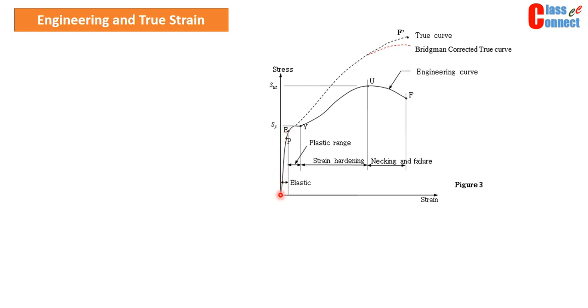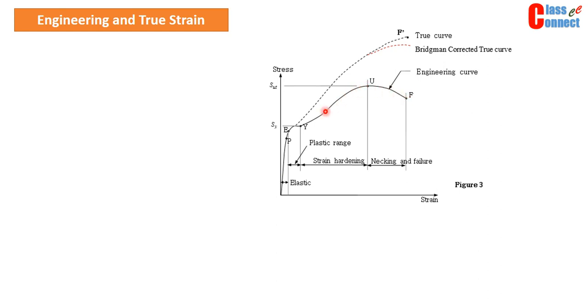There will not be any permanent deformation. Beyond this we get the yield point, where sudden plastic deformation occurs. Then stress increases up to U, and then we get the fracture point.